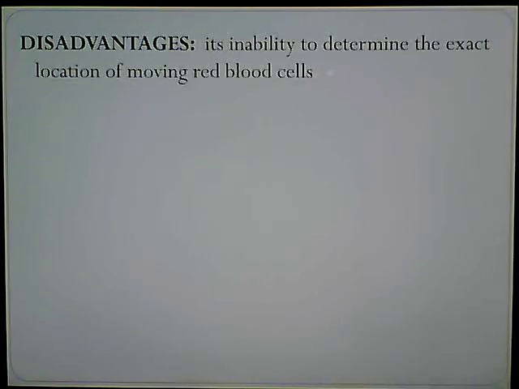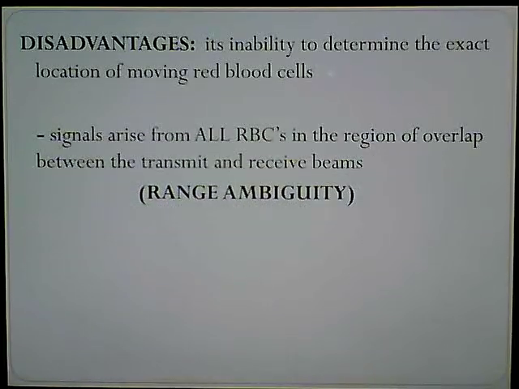We know that in blood there are layers of different speeds, correct? So we're at the limitation of, okay, we just get wall to wall and that's it. We don't get to pick if we want to measure right in the middle of the lumen where the velocity is the fastest. We're just limited with continuous wave. Signals arise from all red blood cells in the region of overlap between the transmit and receive beams.